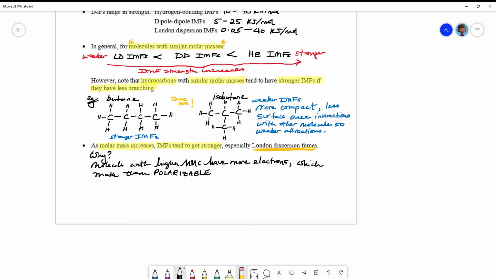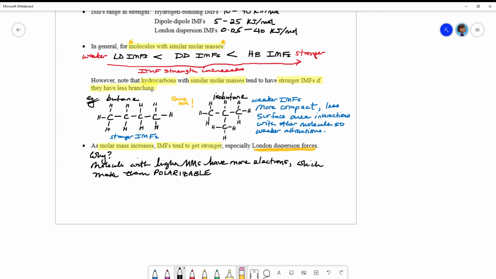So what does that mean? Molecules are more polarizable if they have higher molar masses with more electrons. Well, polarizability has to do with how easy it is for the electrons to shift into non-symmetric distributions. In other words, a molecule that is more polarizable because it has more electrons is going to more easily obtain an instantaneous dipole moment.